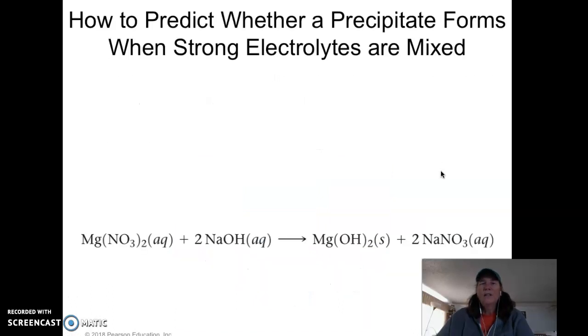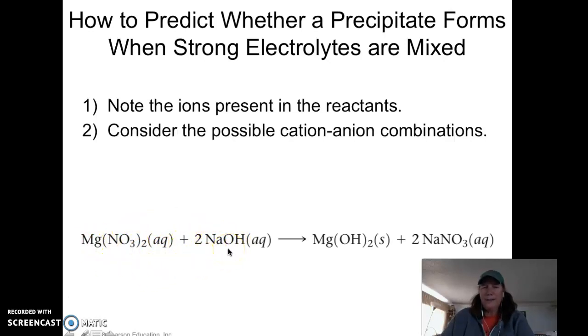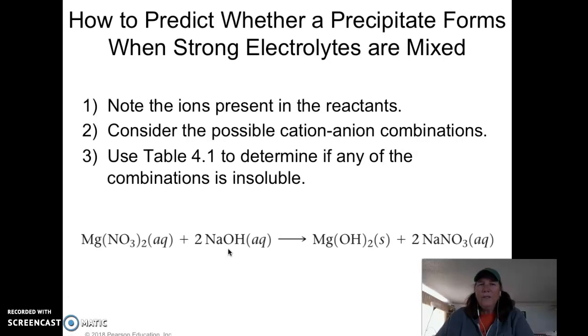So how do you predict whether a precipitate forms? We've got magnesium nitrate and sodium hydroxide. So sodium's going to go with nitrate and magnesium's going to go with hydroxide. We look at the combinations, which we already got there, and then we determine whether they're soluble or not.